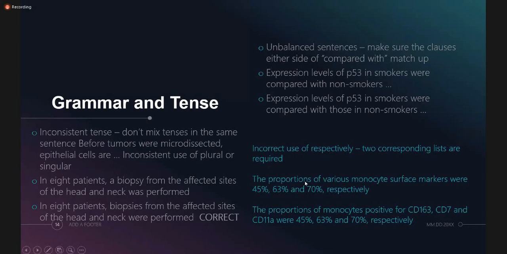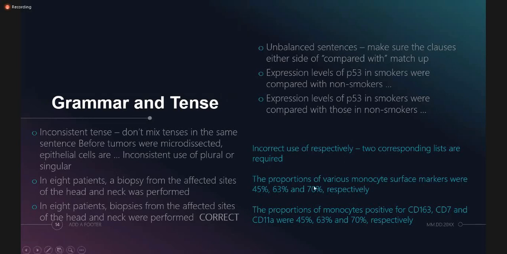So the bottom two examples, where my cursor is: the proportion of various monocyte surface markers were 45, 46, 45, 63, and 70% respectively. The correct sentence may be, the proportion of monocytes positive for CD163, CD7, and CD11A were this, and this percentage respectively.